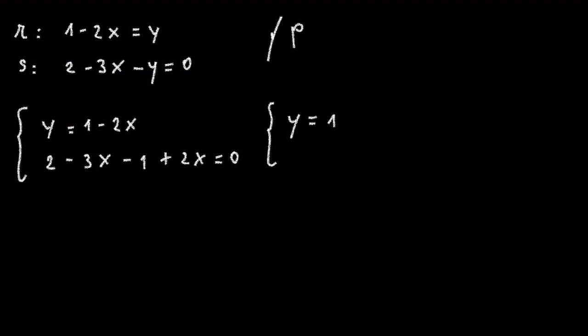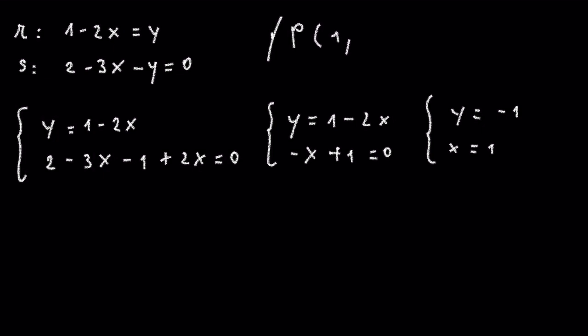Y is 1 minus 2x, and here we get minus x plus 1 equals 0, which means x equals 1 and y equals minus 1. So at this point we have found the coordinates of point P: 1, minus 1.